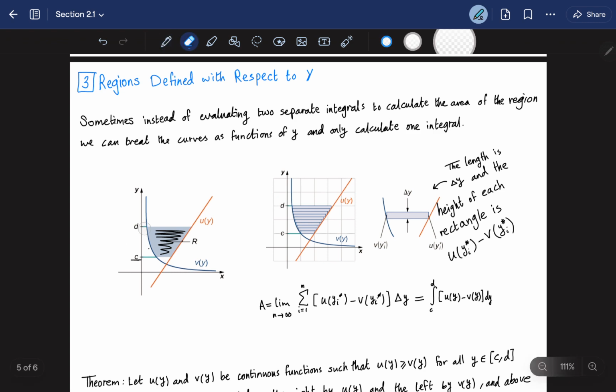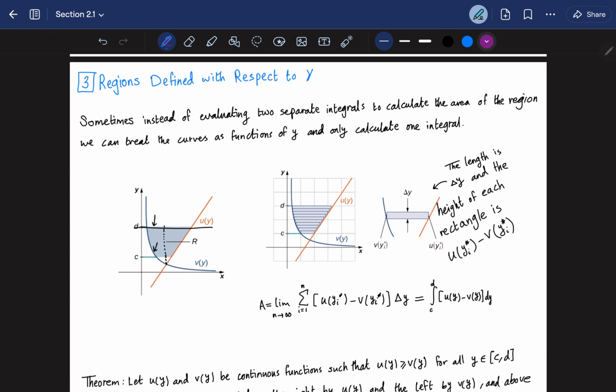But let me show you, if we're taking this function in terms of x, here I have a point of intersection, which means I have to divide my area, because here my upper function is the line d, but my lower function is the function v.